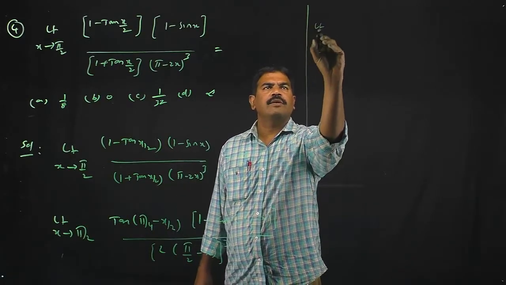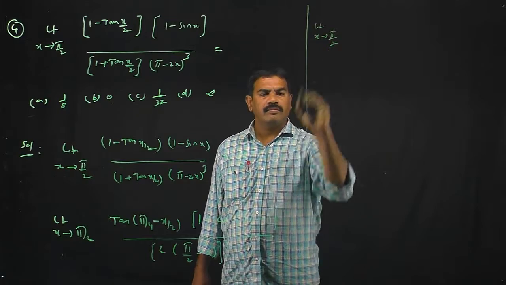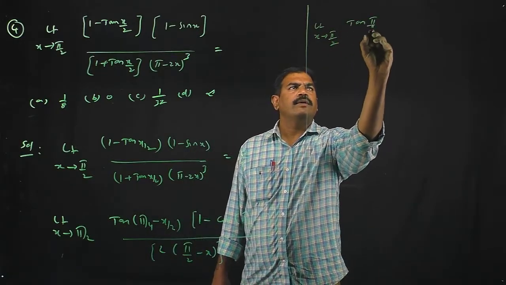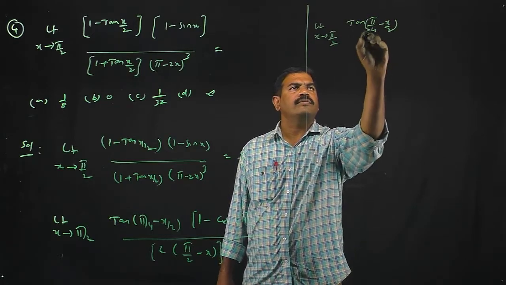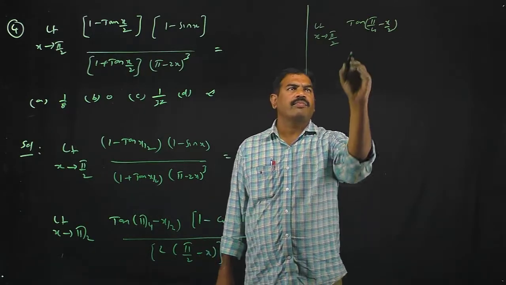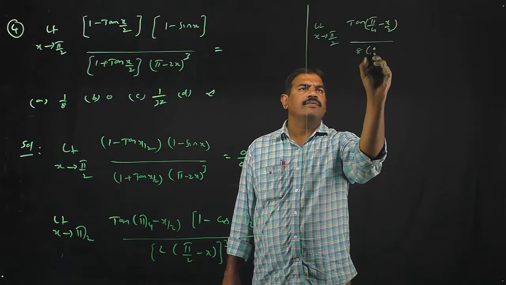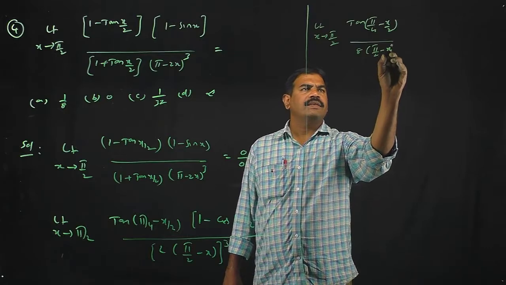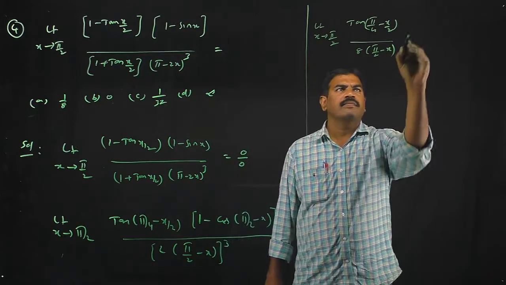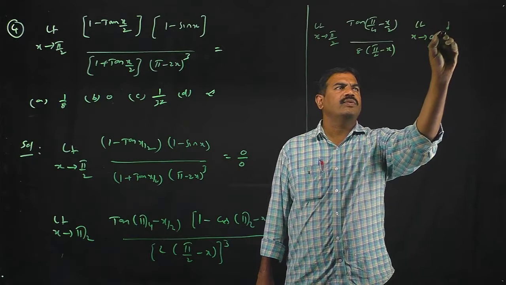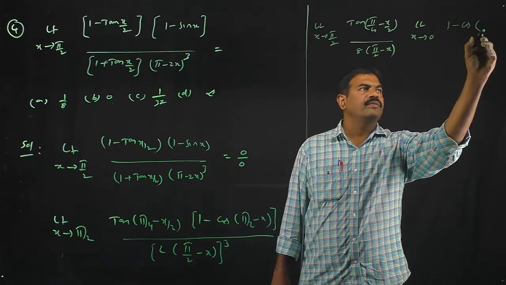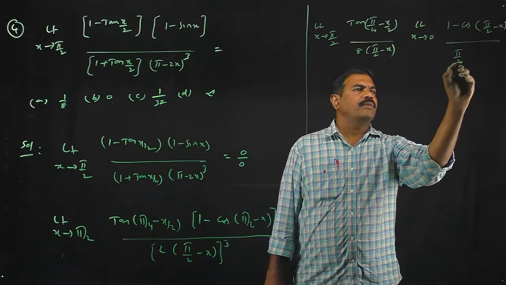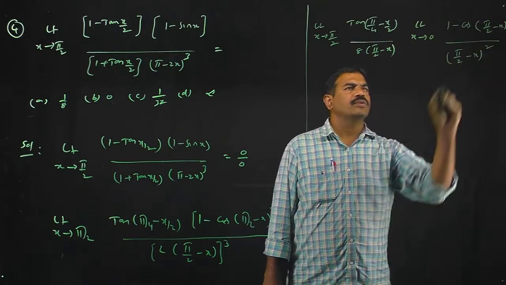Limit x tends to pi by 2, tan of pi by 4 minus x by 2, by 8 into pi by 2 minus x, and limit x tends to pi by 2, 1 minus cos of pi by 2 minus x by pi by 2 minus x whole square.